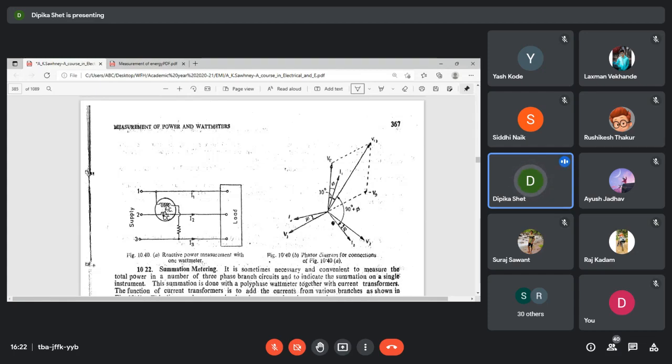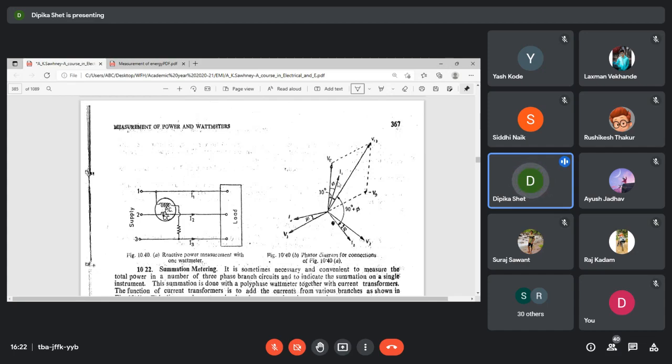V3 is obtained by reversing the V3 phasor, then taking the phasor addition of V1 and V3, so that this is V13.